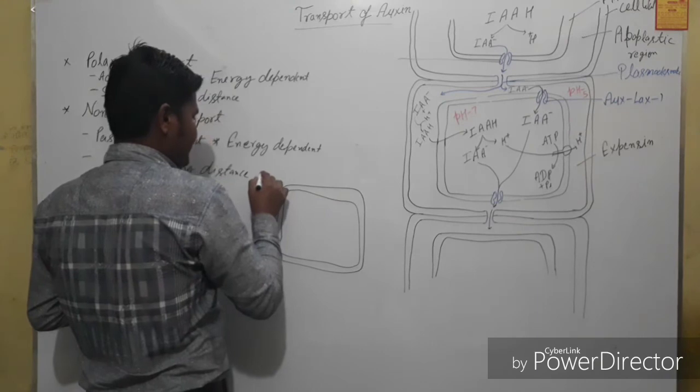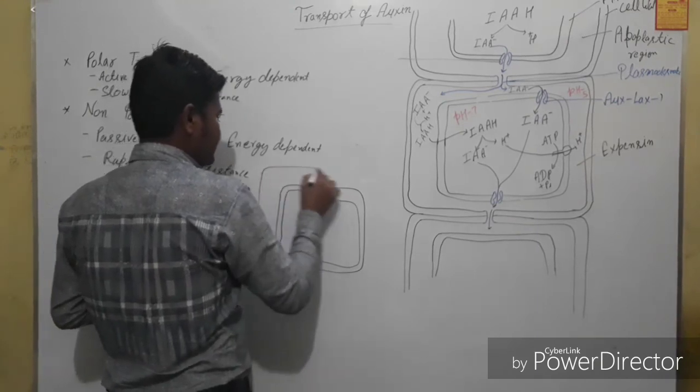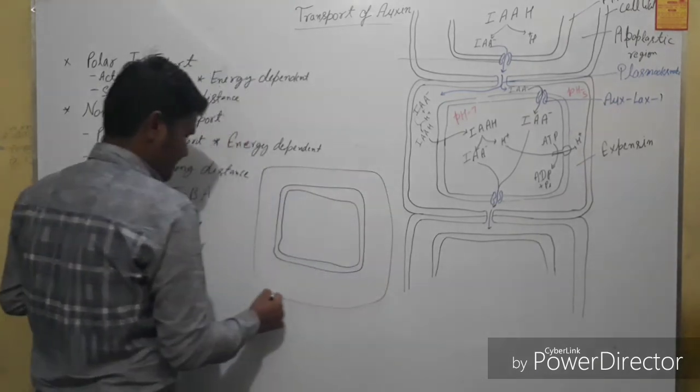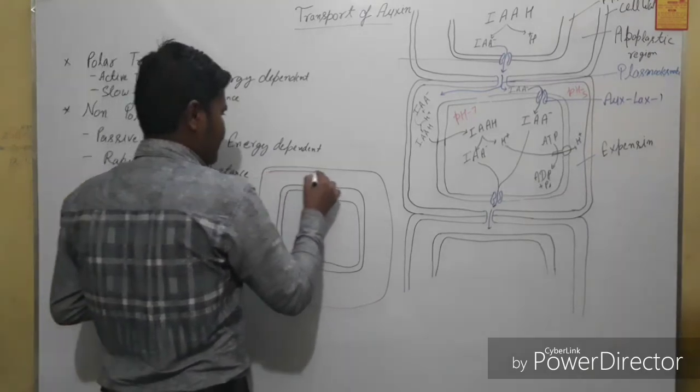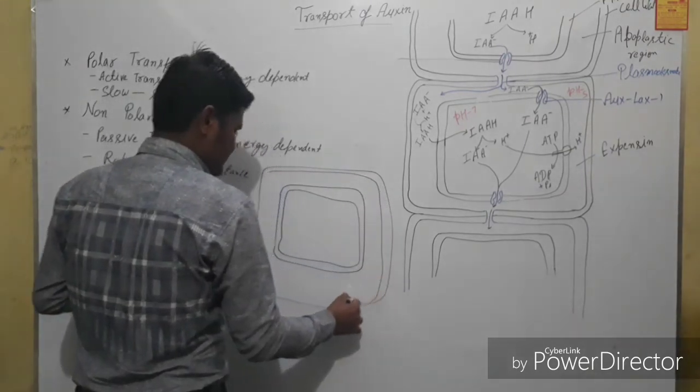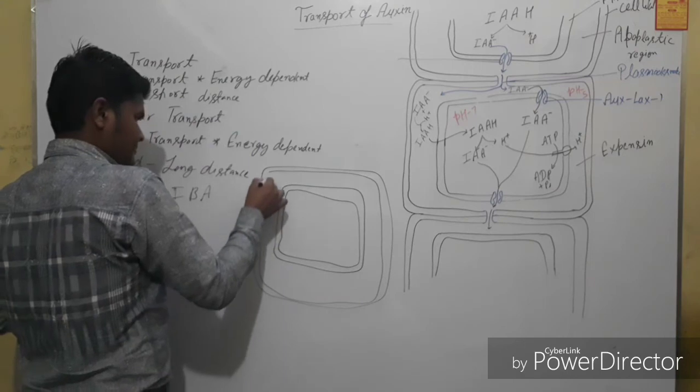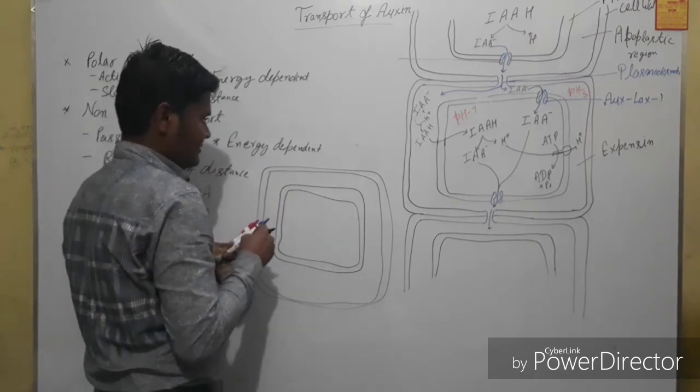This is the plasma membrane, and this one is the cell wall of the cell.